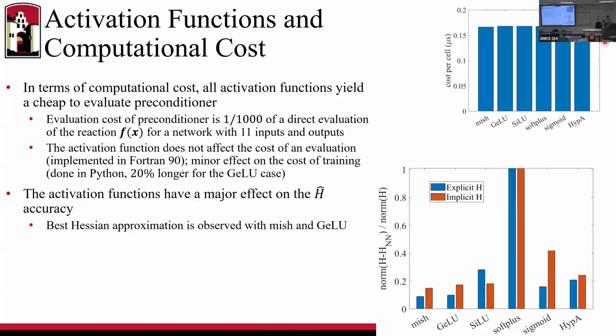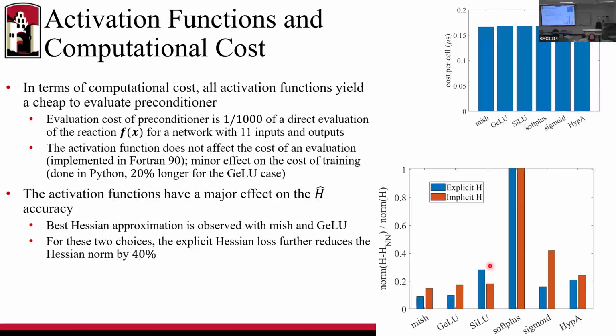Okay, we get the best case approximation when we use the Mish activation and the GELU activation. And for those two choices, the new loss based on that explicitly approximates the Hessian further reduces the Hessian norm by about 40%. And here, softplus is all over the place.